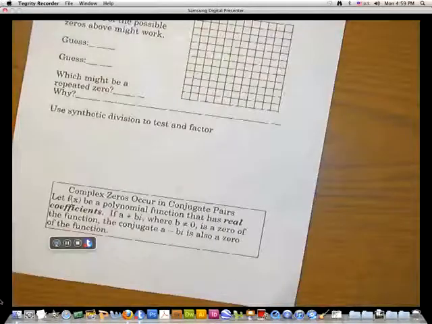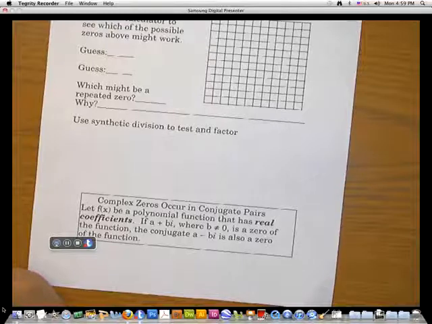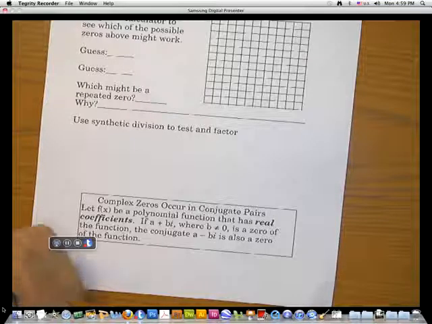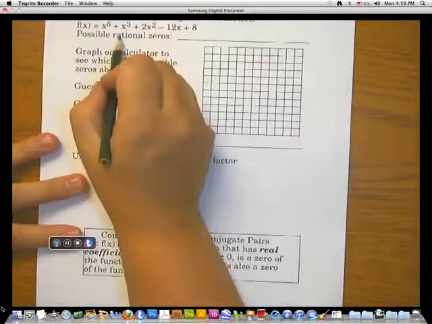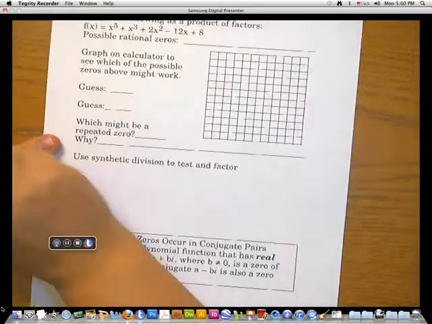Alright, page 2 of part 1. All the possible zeros are exactly what we did back a couple of sections, where we find all the factors of the constant and we put them over the factors of the leading coefficient. So in this case, here's my polynomial.